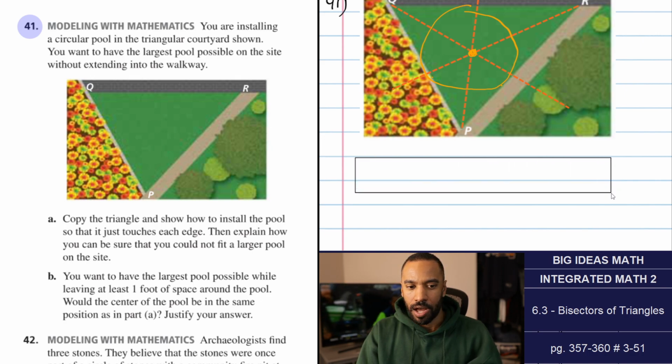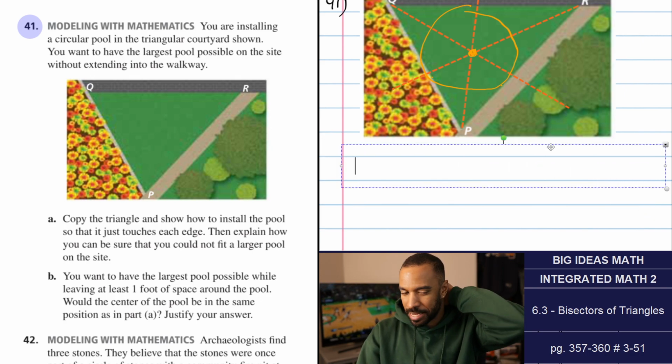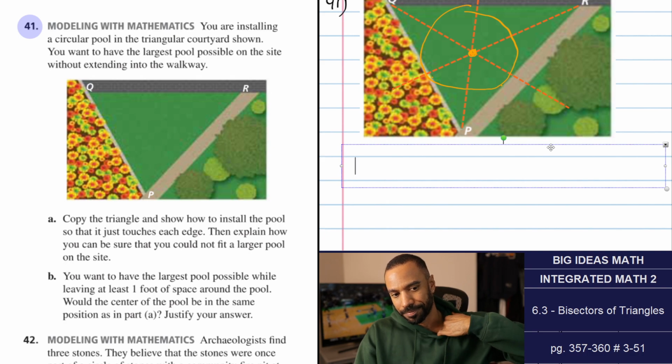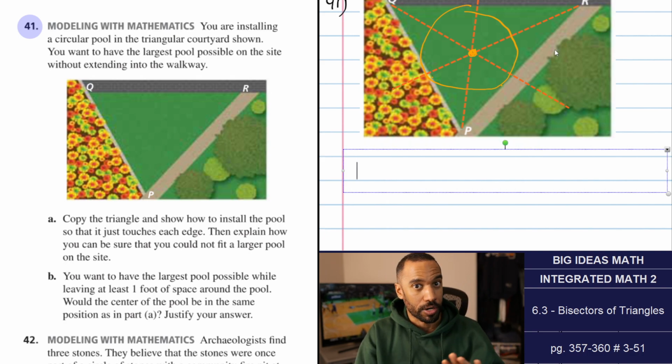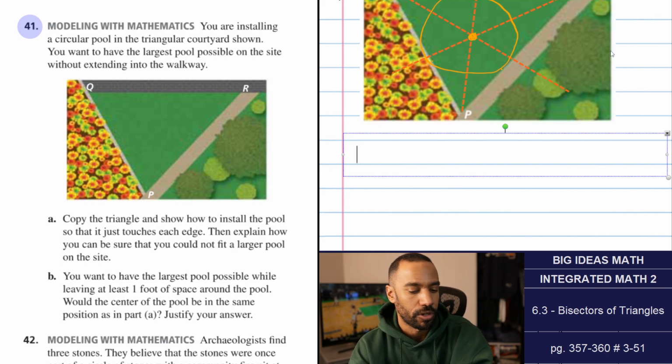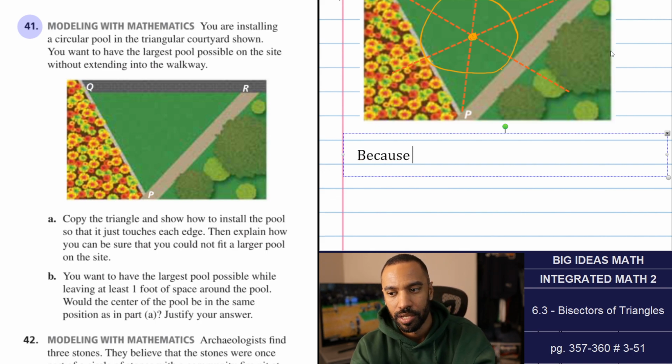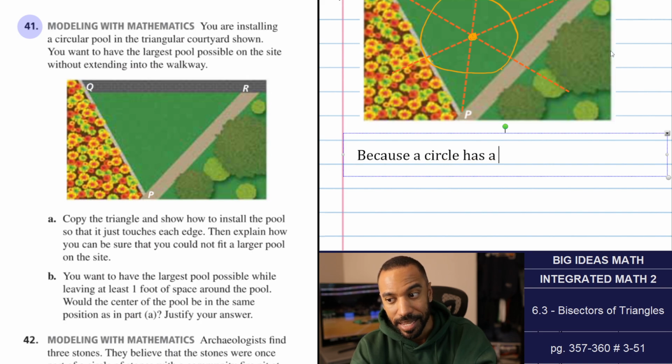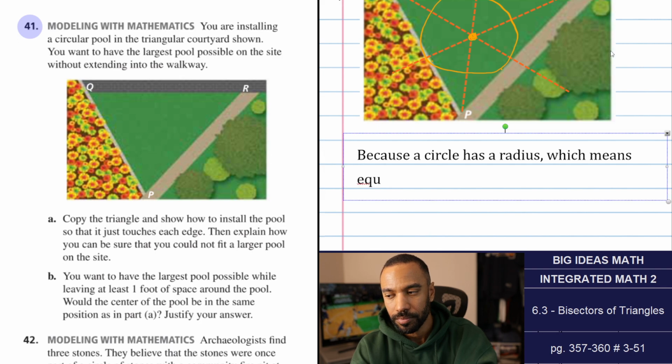Explain, so just touches. Okay, so that's just my idea of it. I'm not literally going to do a construction thing. I refuse. But explain how you can be sure you cannot fit a larger pool, because a circle has a radius, which means equal length in all directions.